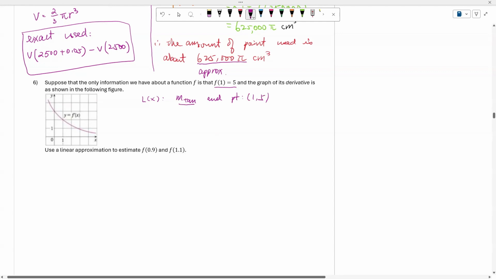Then what I need to do is find what f prime of 1 is equal to. If I know this, then I will be able to create L of x, the linear approximation. Then let's see how we actually work out the problem.